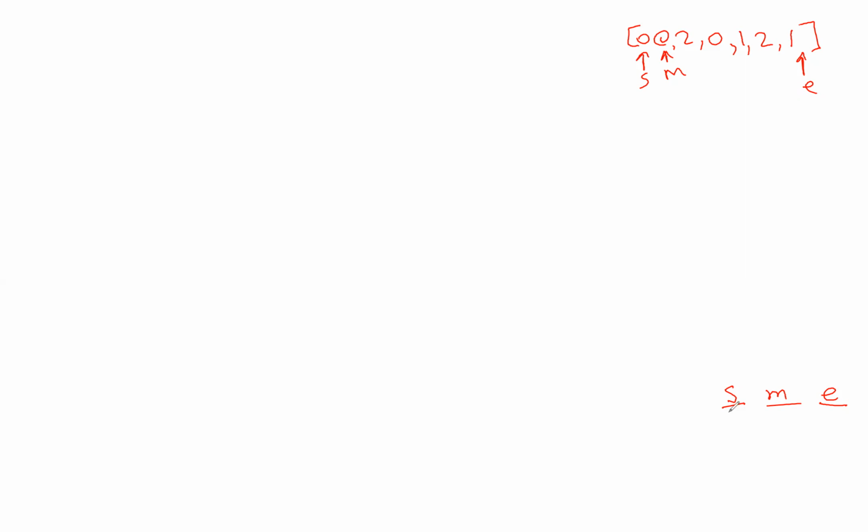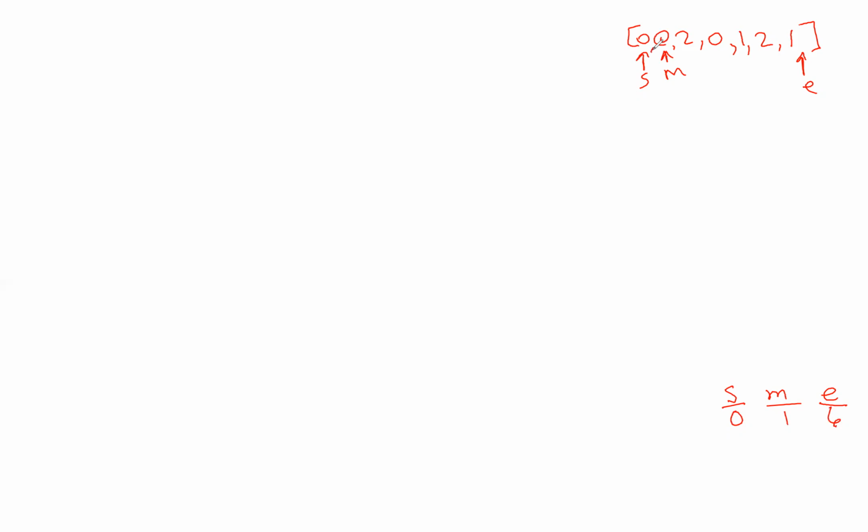Let me write down our beginning numbers here. E is 6. Then we look at M and S. Is M less than S? No, it's not. They're the same, so we don't need to do anything.